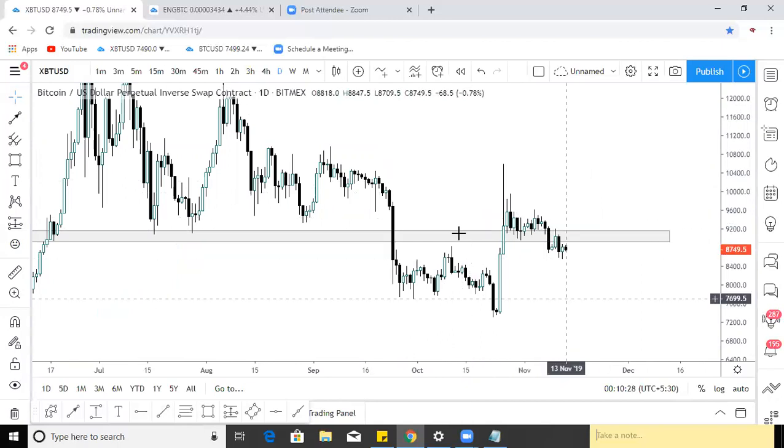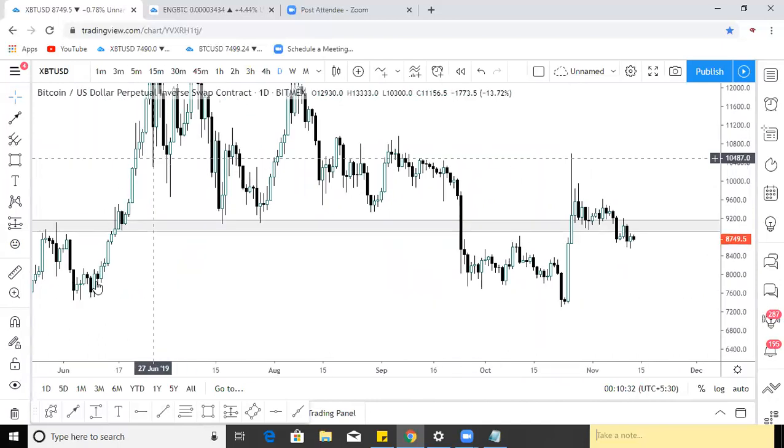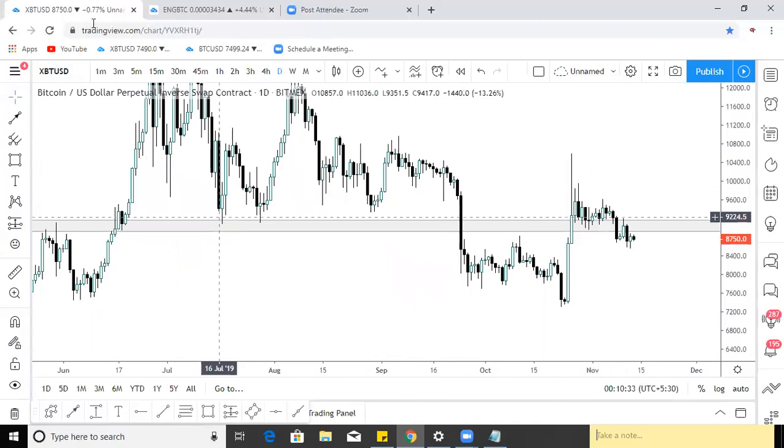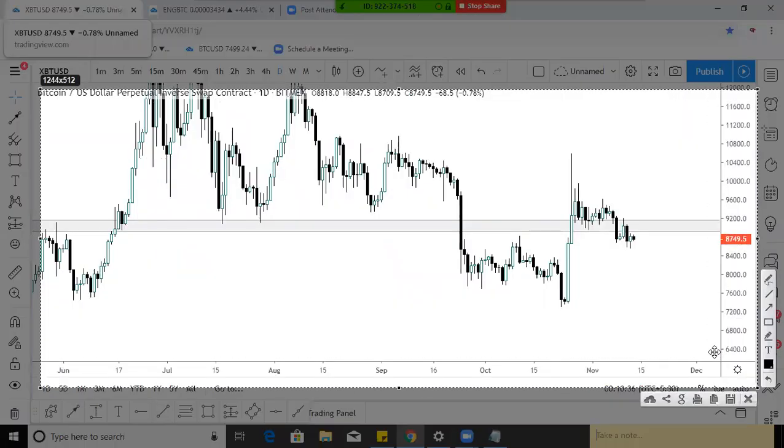When price is below this level, I will be looking for shorts, because when the price was going up from down to up, it was working as a support, as I explained. This was a support area for me. When price was going down, it worked as a resistance area for me.